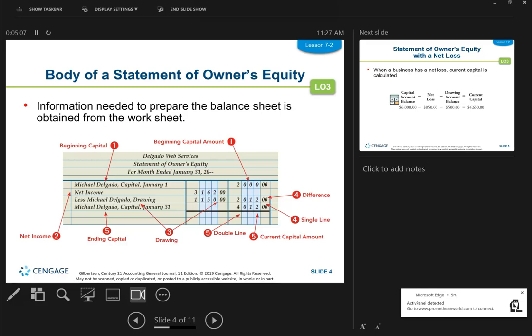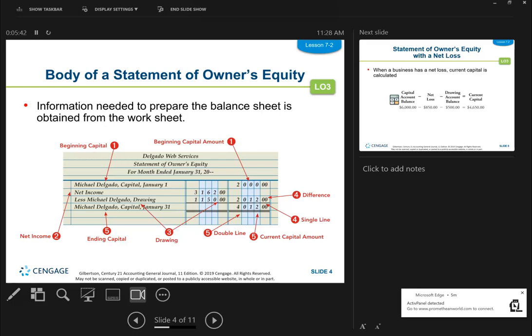That 2012 is the difference between the net income and the drawing: 3,162 minus 1,150 gave us the 2012. Then we draw our single line, add down, and then draw our double line to indicate that we're finished with our report.